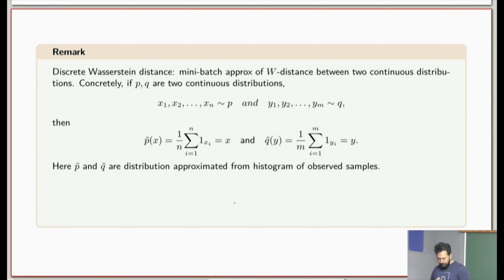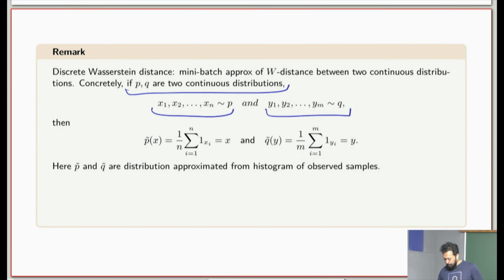So before going ahead, I have just a small remark that I also told you at the start of the class. If P and Q are two continuous distributions, then even if they are continuous, at the end of the day we are working with samples. So we will take a sample from the continuous distribution P, a sample from the continuous distribution Q, and we will get an approximate distribution via histogram plots.